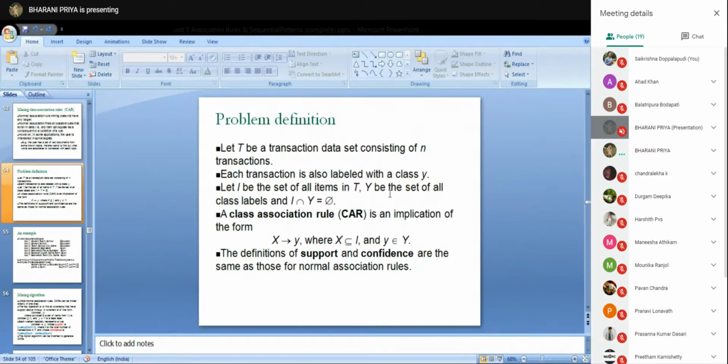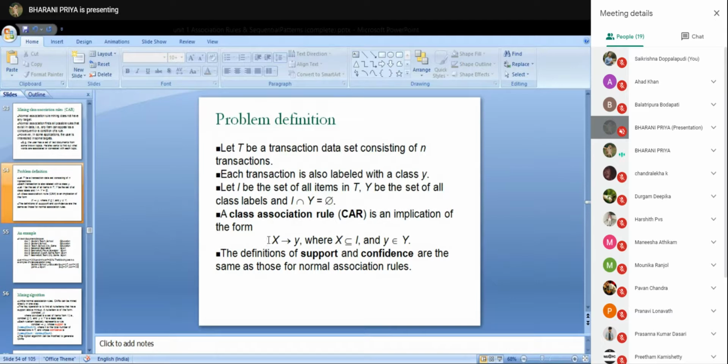Problem definition. Let T be a transaction data set which consists of n transactions, and each transaction contains a class label y. The set of all class labels, small y, is represented as capital Y, and I intersection Y is a null set.